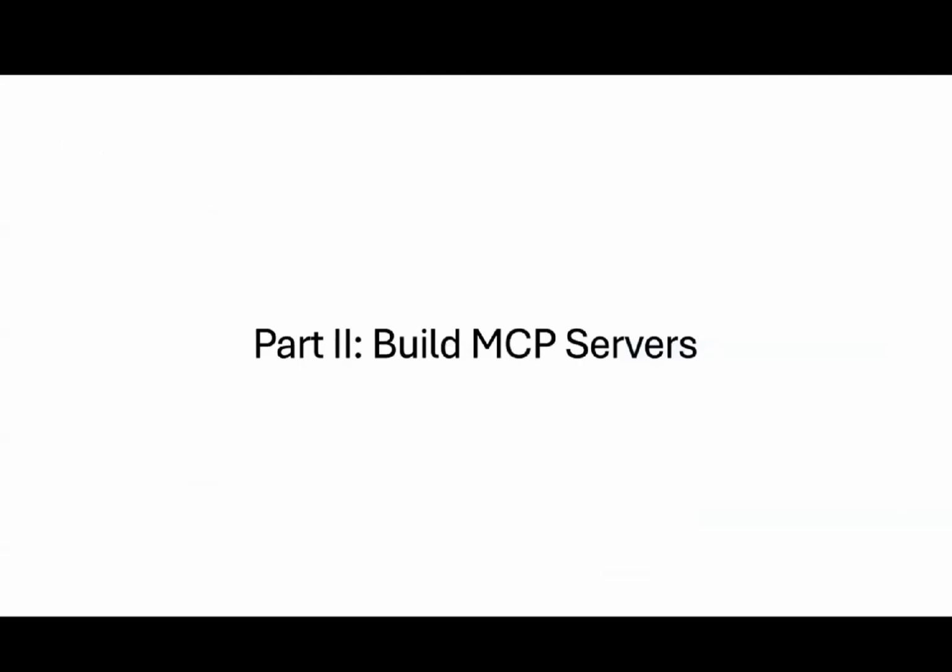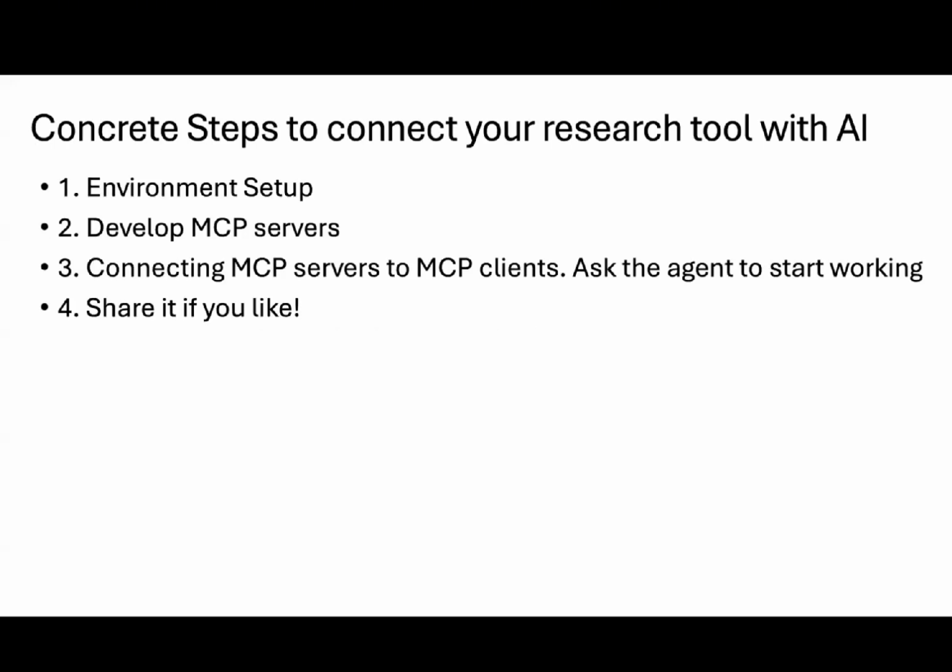This is a beginner's guide, so if you're already familiar with MCP, you may not need this part. But for those of you who haven't developed with MCP, the way of connecting your research tool to the AI is basically these steps. You set up the environment, which means what Python and what versions of these things.